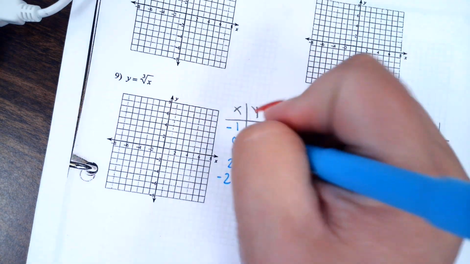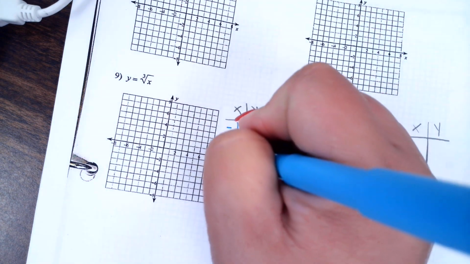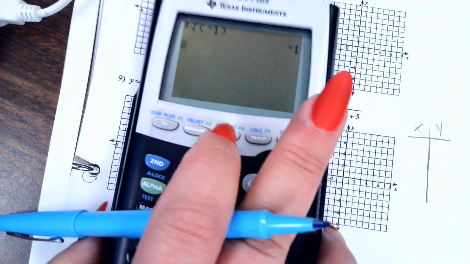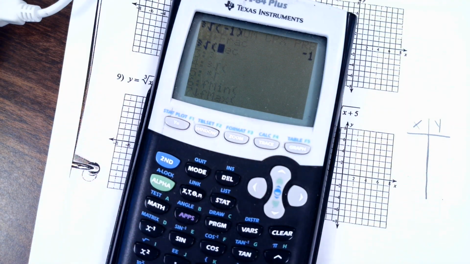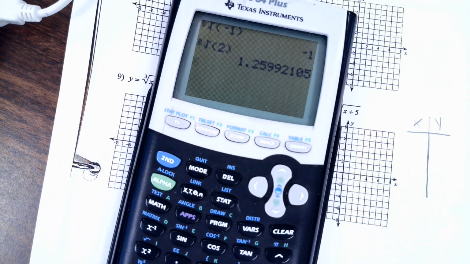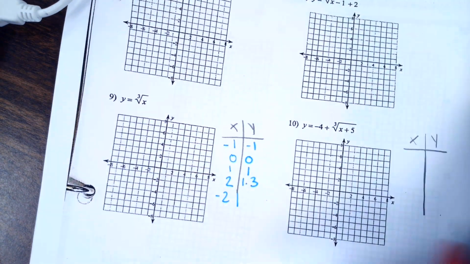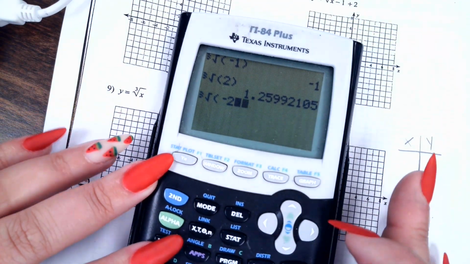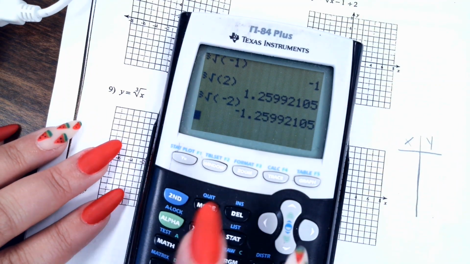The cube root of 0 is going to be 0. The cube root of 1 will give you 1. 2 and negative 2, I don't know off the top of my head, so let's look at it. Math, number 4, the cube root of 2 is going to be 1.3. The cube root of negative 2 is just going to be the opposite of that, so negative 1.3.